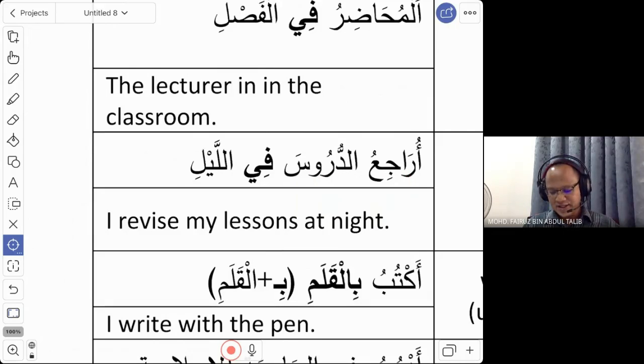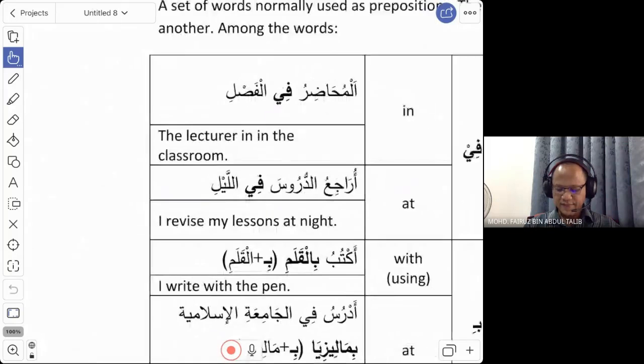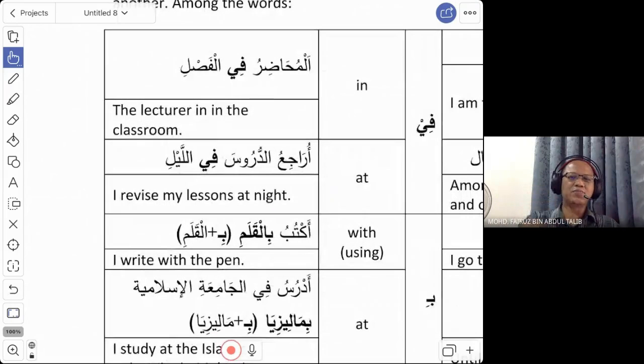I revise the lessons fil layl, fi al-layl. You combine and say fil layl, at night. So this is another usage of the word fi. So fi is easy, in or at, that is fi. Fil kitab, in the book. Fil fasl, in the classroom, and so on. Fi Malaysia, in Malaysia. So it is fi.